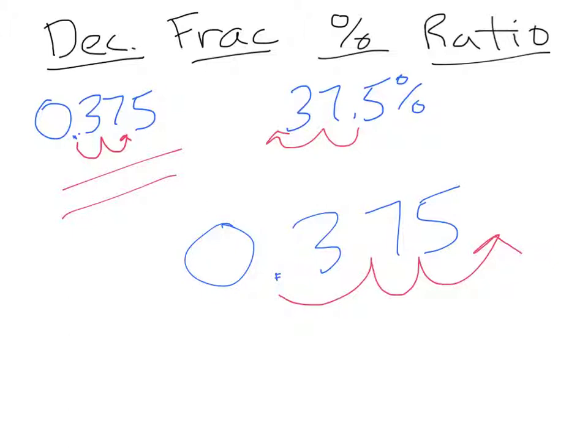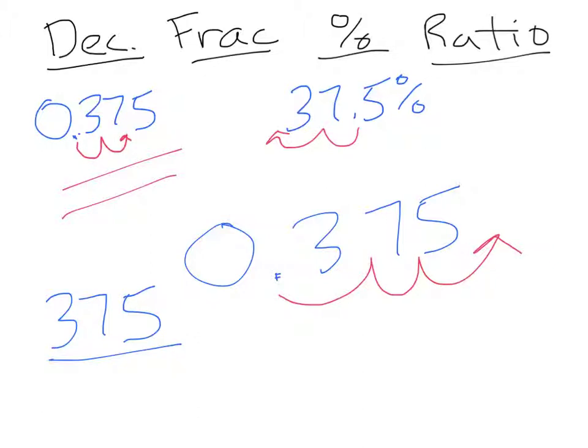But I want to move it to the end. In this particular example, it takes us 3 decimal movements. That turns this into the whole number 375, by moving it to the very far right. That becomes our numerator. The denominator is then based on that decimal movement. And remember, like we said in class, whenever you move a decimal, you're always moving it by 10.